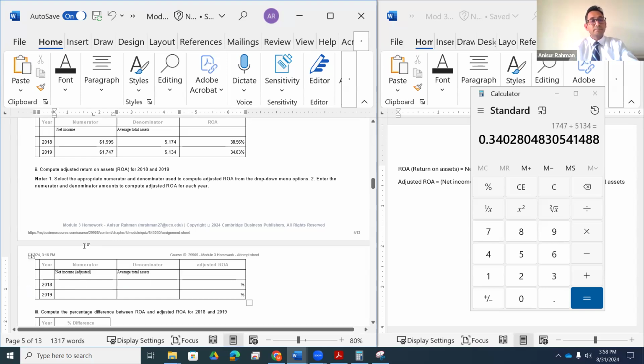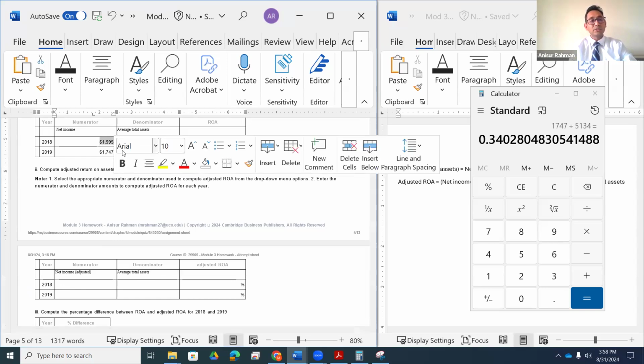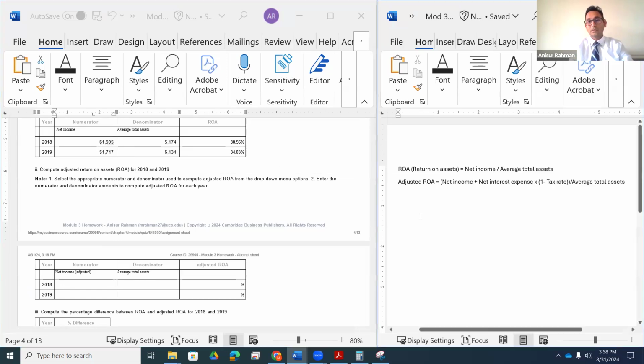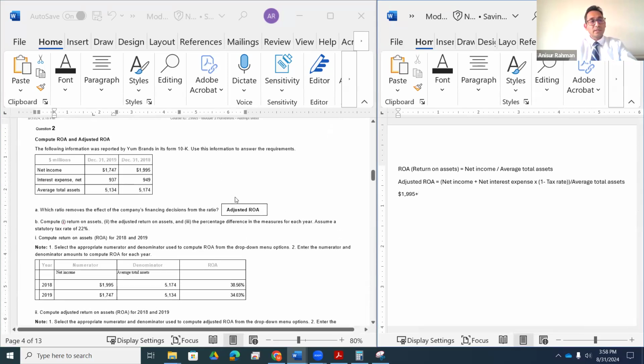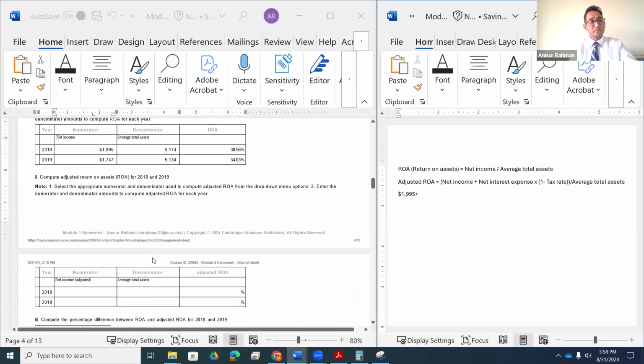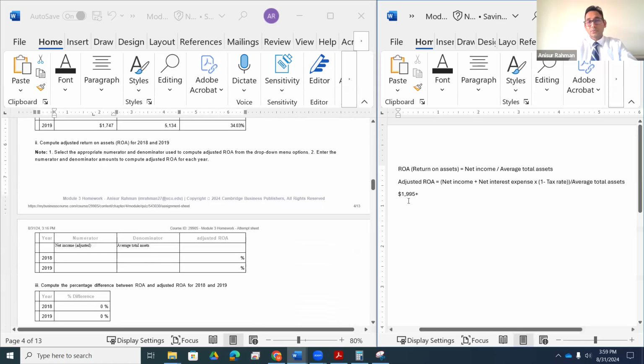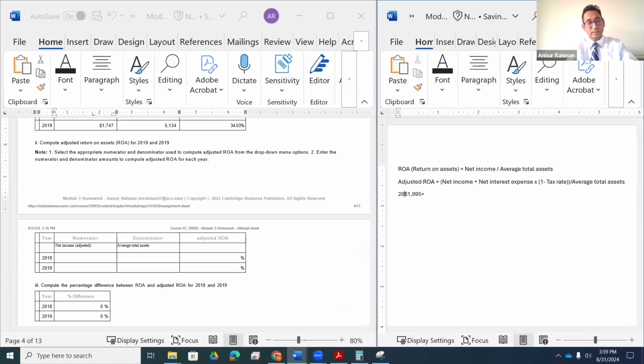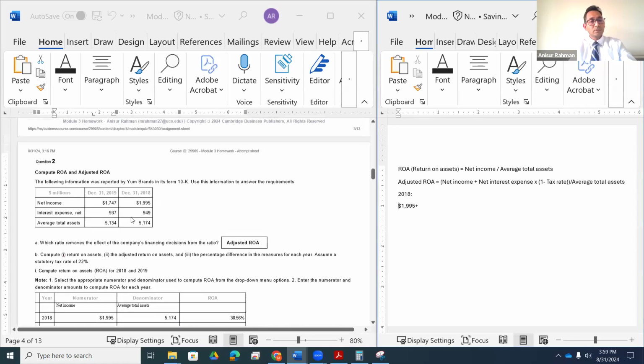For 2018, we have net income of 1995. Our interest expense, we are working on 2018, let me write that down. And then our interest expense is 937.